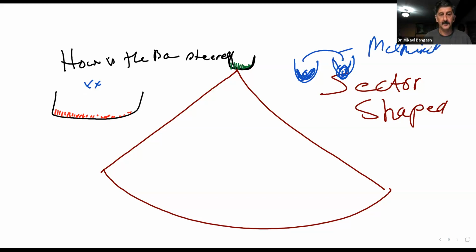That was what we call mechanical steering. So in this transducer, and we can say for the remaining array transducers, the steering is going to be electronic. Did that make sense?